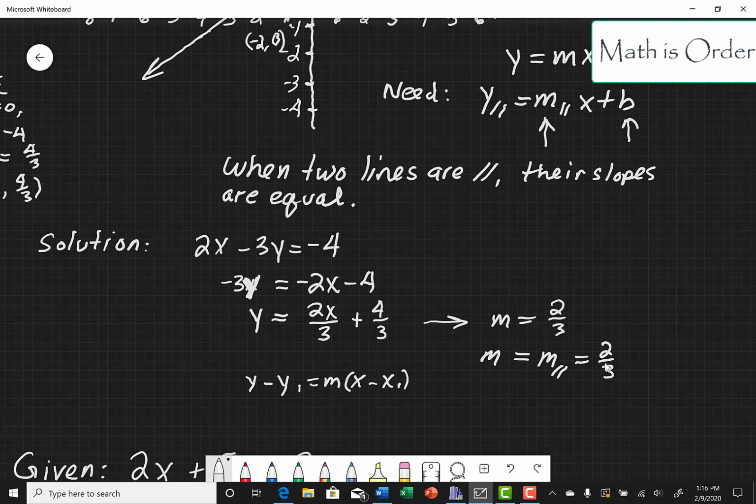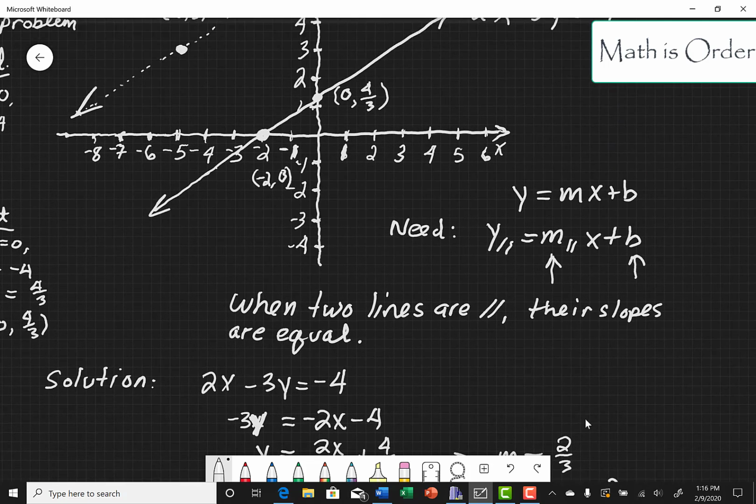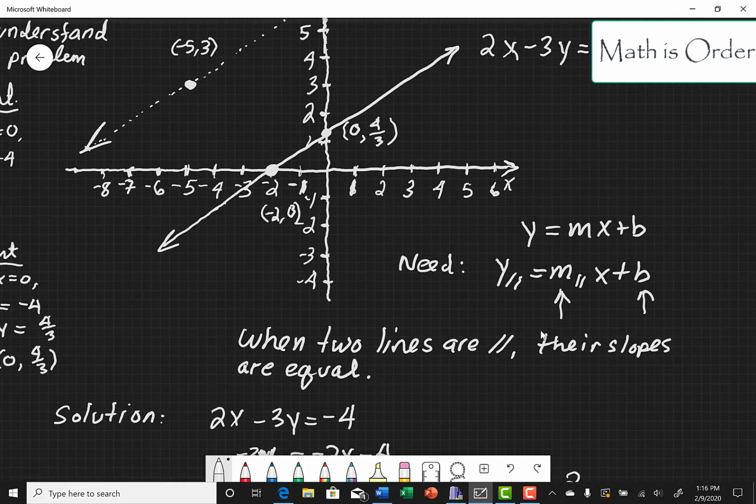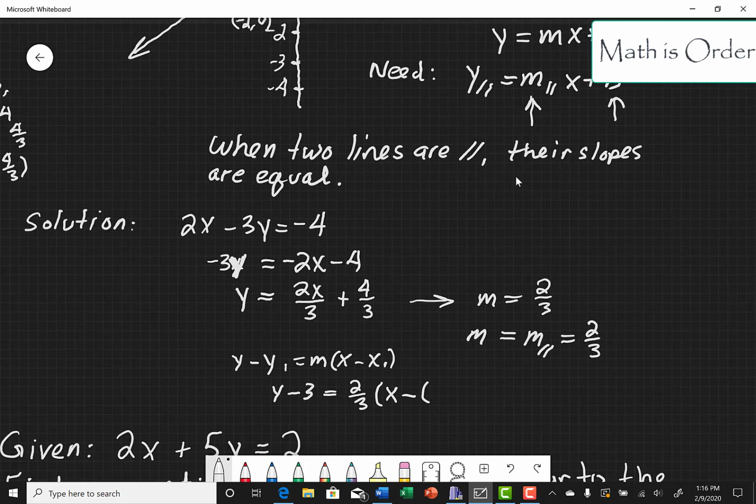So substituting this in, we're going to have y minus y1, which was 3, equals 2/3 times x minus, I think that was a minus 3 or a minus 5, which is going to give us 2/3 times x plus 5.